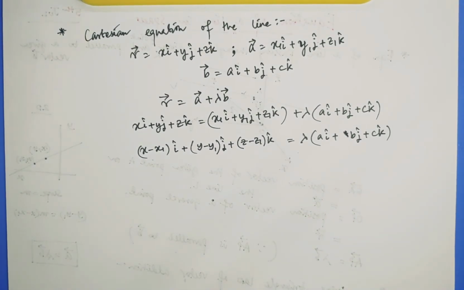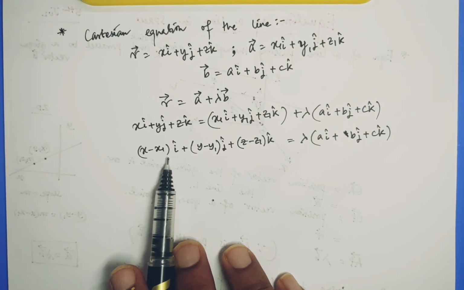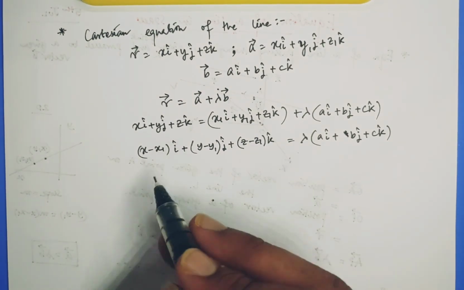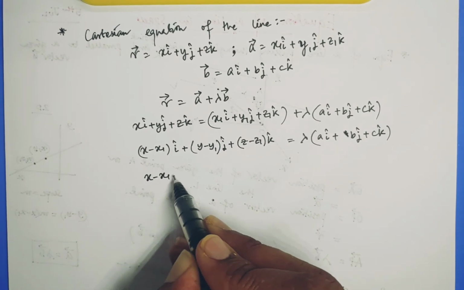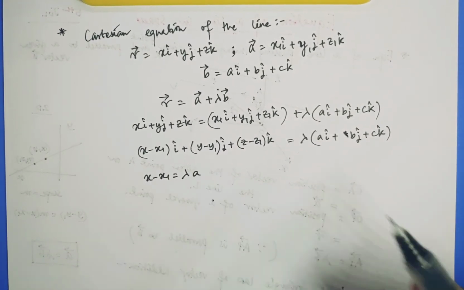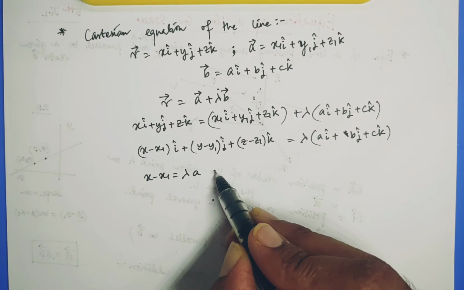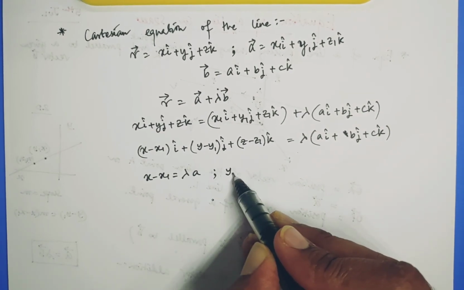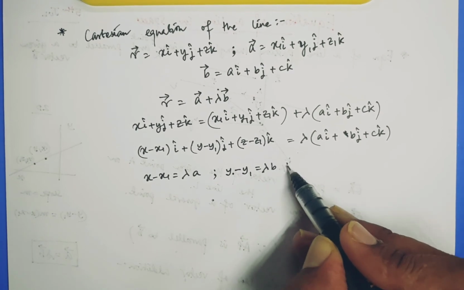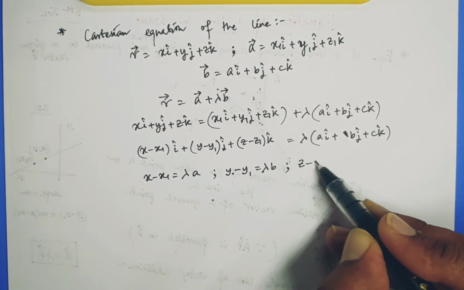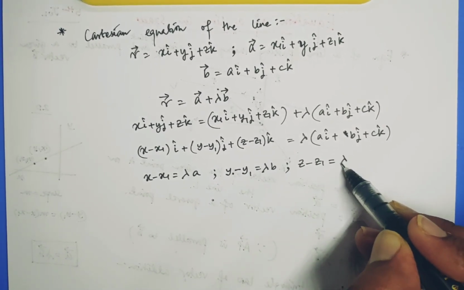Right? Now we already know when two vectors are equal, the corresponding components are equal. So what is the component of i cap? It's x minus x1. So x minus x1 is equal to lambda A. Lambda is multiplied with each of them. Now another one, y minus y1 is equal to lambda B. Now z minus z1 is equal to lambda C.